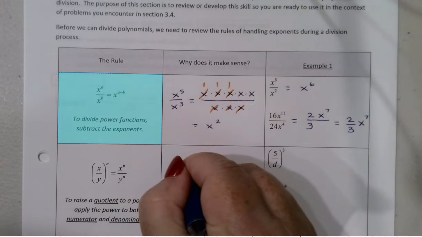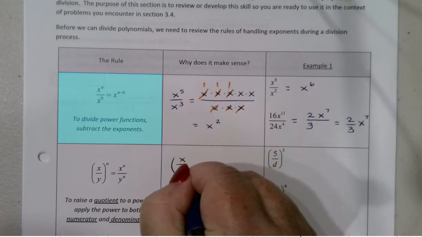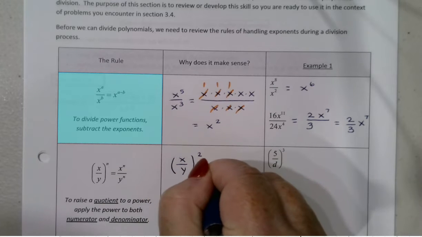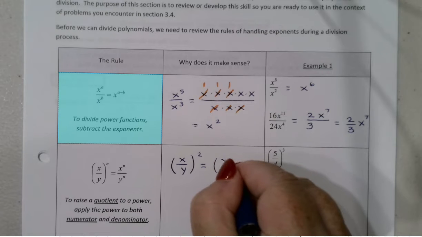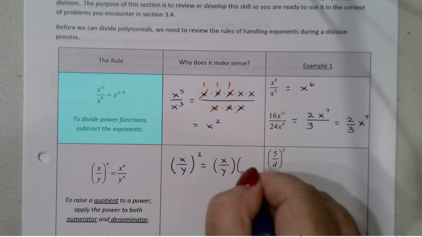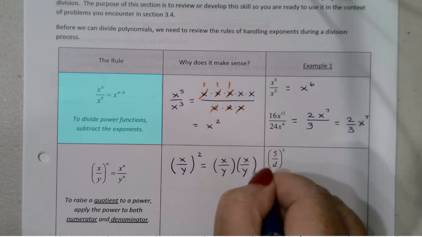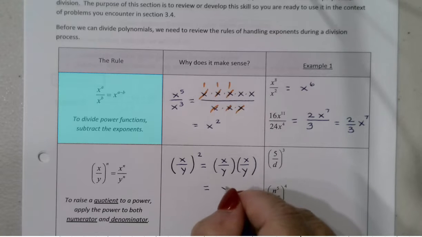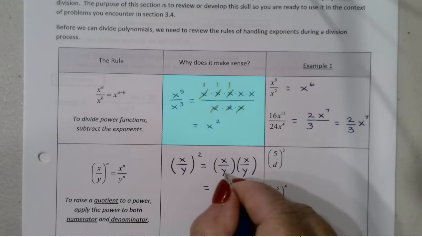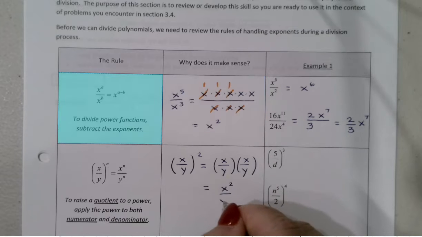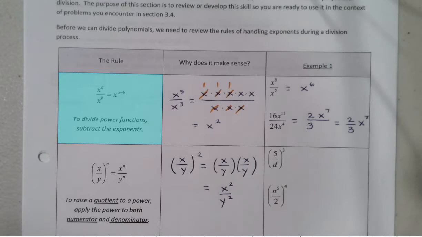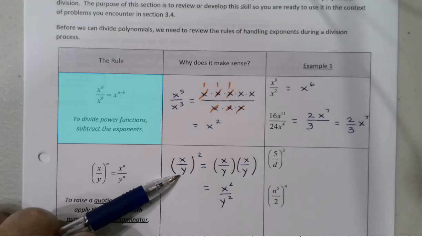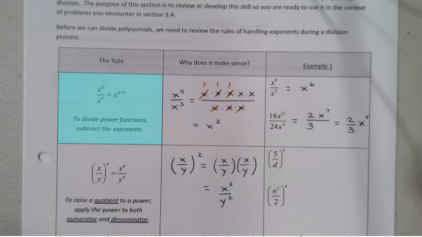If I had something like x over y squared, what that really means is multiply x over y by itself. But when I multiply the numerators, x times x is x squared, and when I multiply the denominators, y times y is y squared. So the ultimate effect is I did just end up squaring both top and bottom.